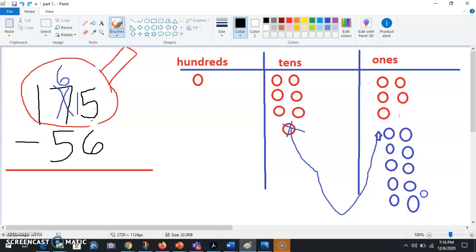Let's slash out 6. 1, 2, 3, 4, 5, 6. So let's see how many we have left. We have 1, 2, 3, 4, 5, 6, 7, 8, 9. So we know that 15 minus 6 equals 9, boys and girls. Okay? And if we count the little circles, we know that we're gonna have 9, right? Let me write it down.